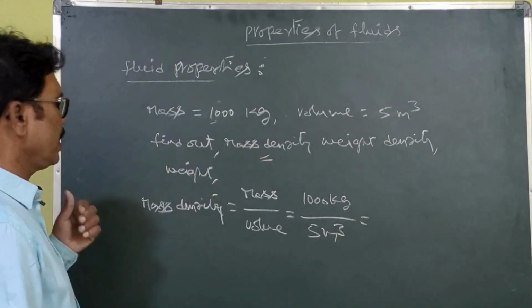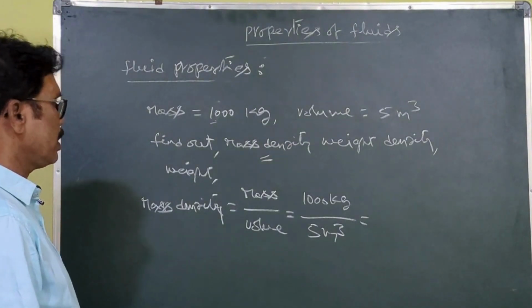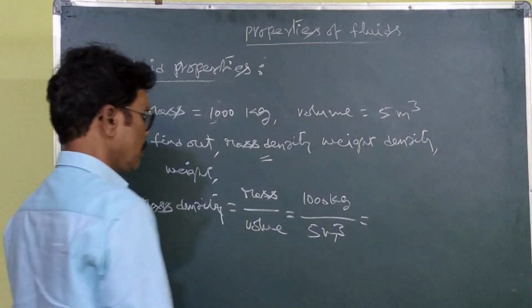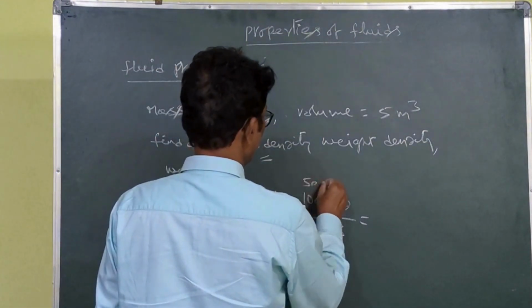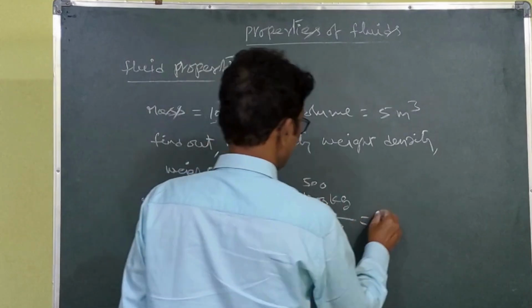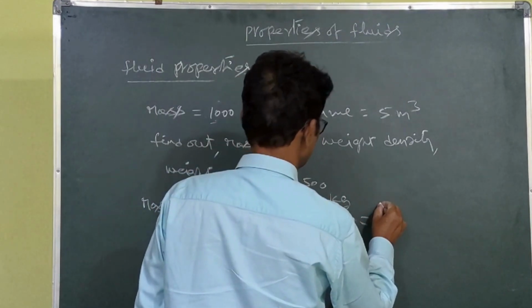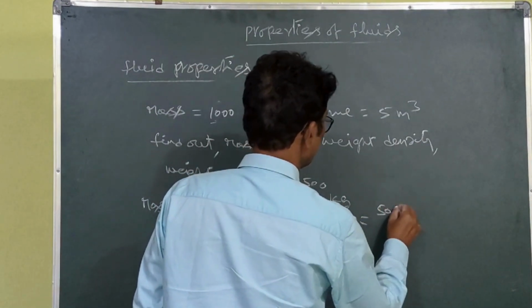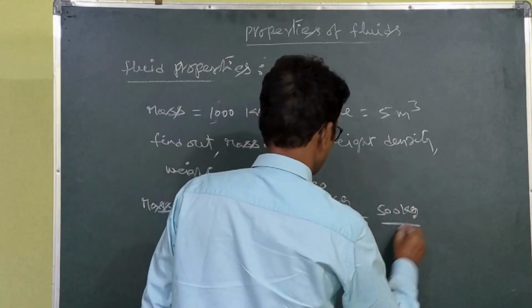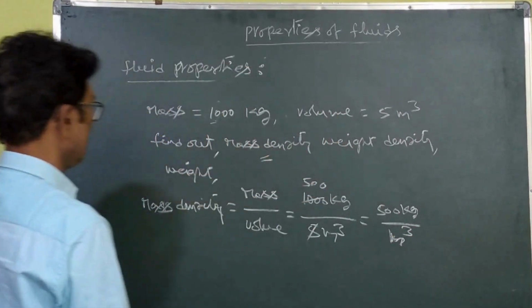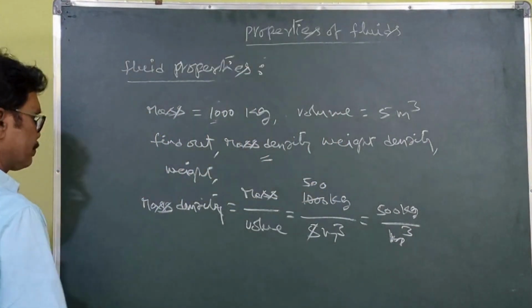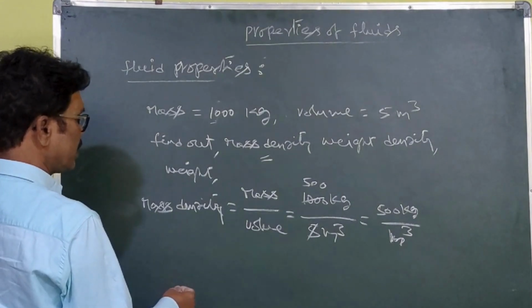So mass density or weight density is calculated for 1 meter cube. So therefore this gets cancelled, and this is equal to 500 kg per meter cube. Okay. 500 kg per meter cube.